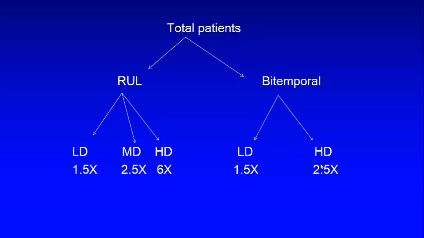But if you find an advantage for cognitive side effects of this group over this group, that doesn't answer the question, what about high dose unilateral versus low dose bitemporal? That's a question that's not answered here. But because his main issue here was efficacy, that's why he picked that setting.